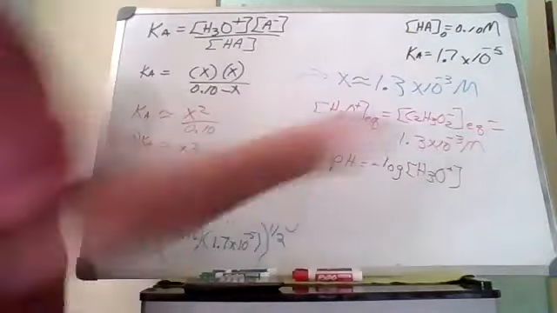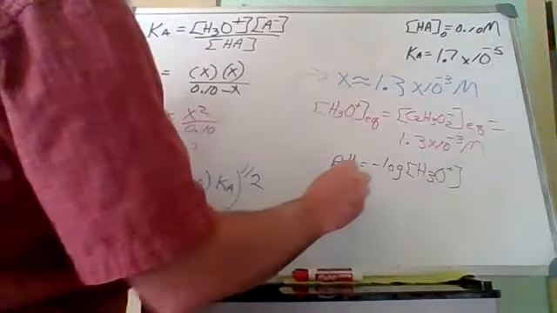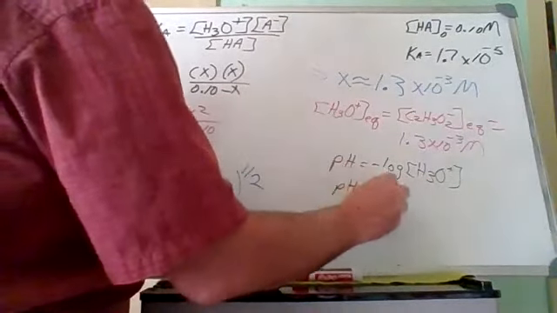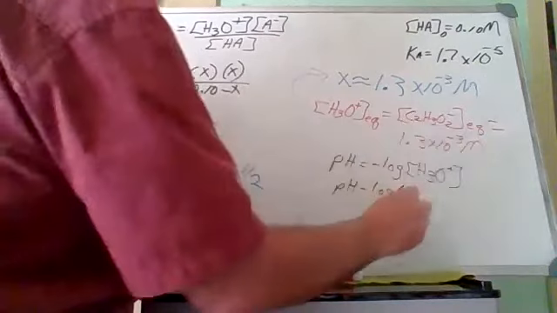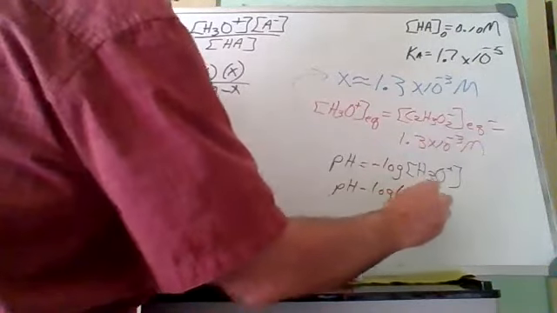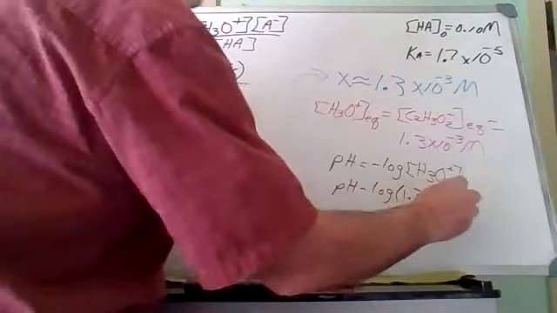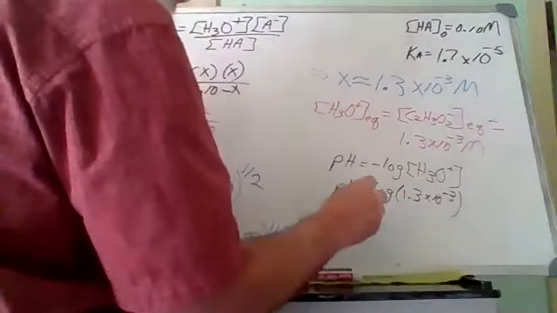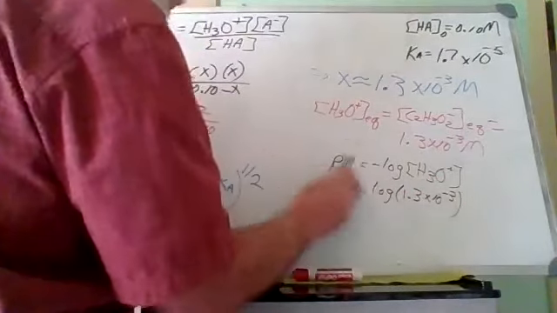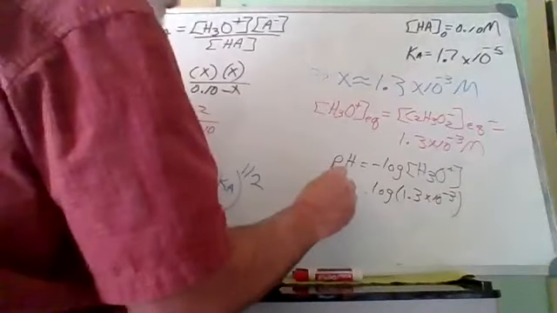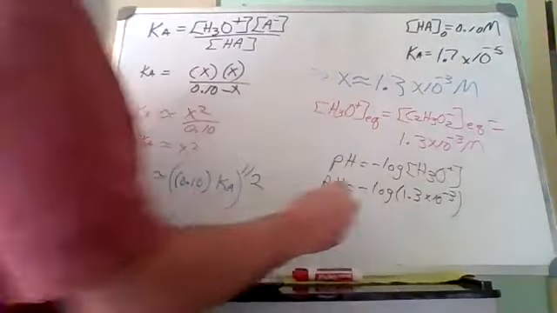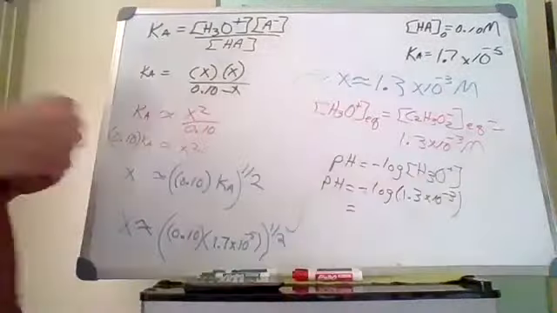You got to know this formula here. So pH equals negative log of 1.3 times 10 to the negative 3. Right?